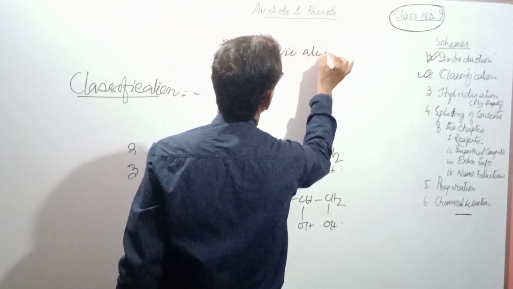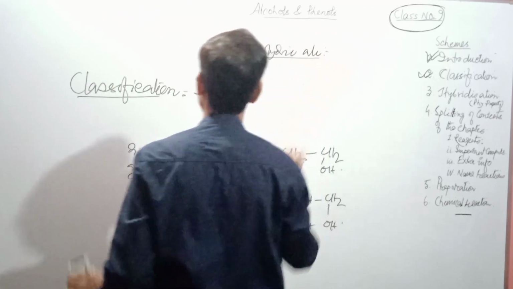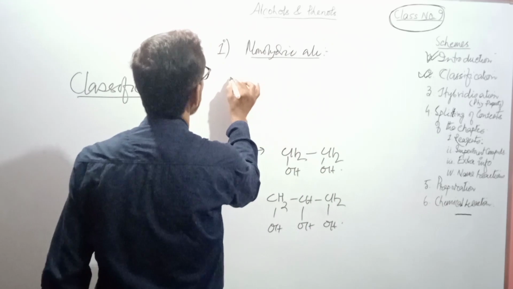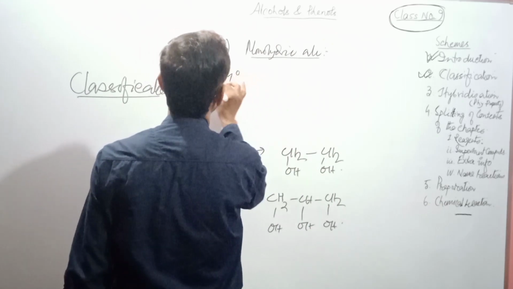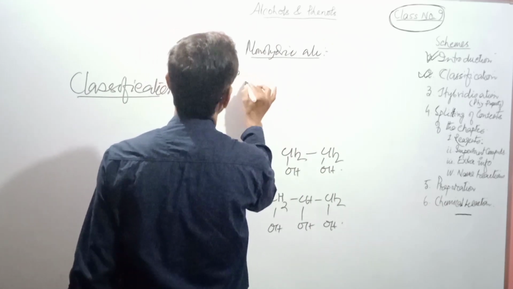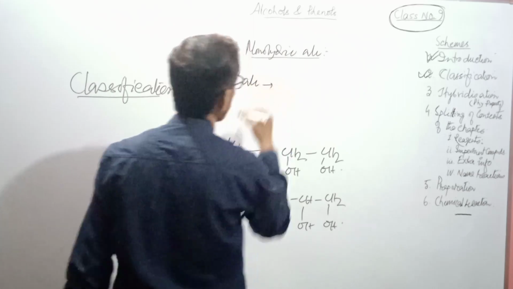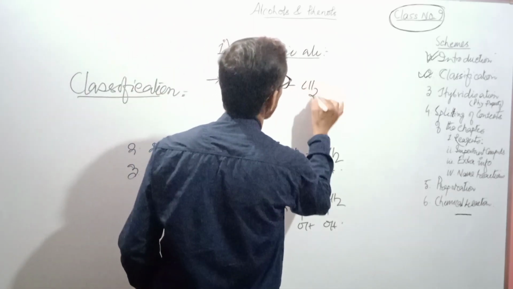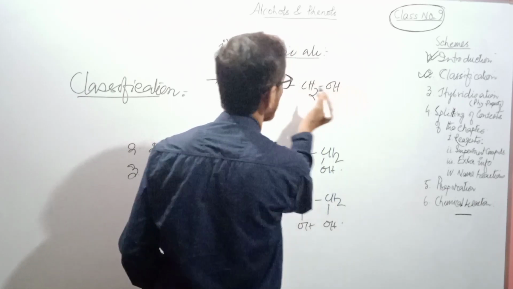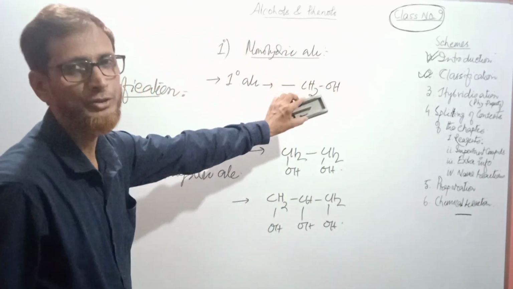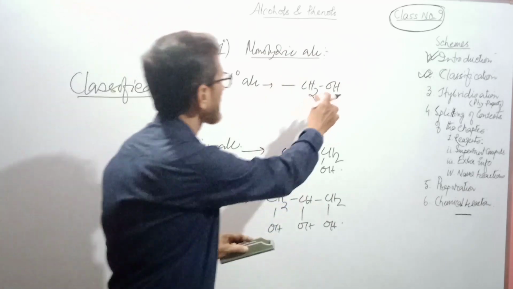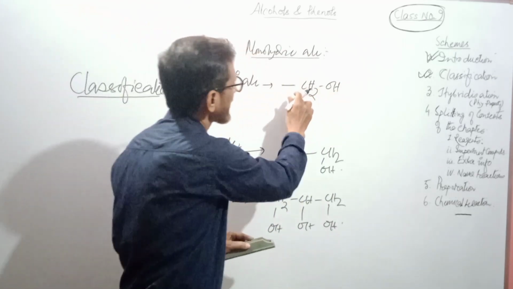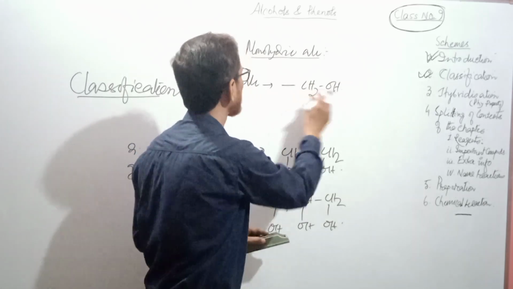Monohydric alcohols again are of different types. Number 1, 1 degree or primary. Very simple. If the OH group is attached to a carbon which already has two hydrogens, where the chain will extend, then it is 1 degree alcohol.